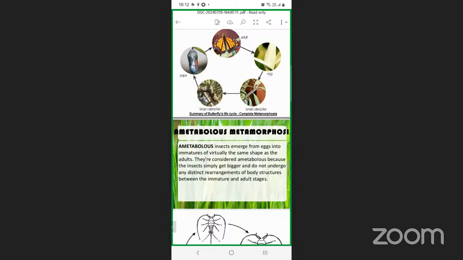They are considered ametabolous because the insects simply get bigger and do not undergo any distinct rearrangement of body structures. Wings, antenna, or any shape doesn't change between the immature and adult stages. Then we call it ametabolous metamorphosis.